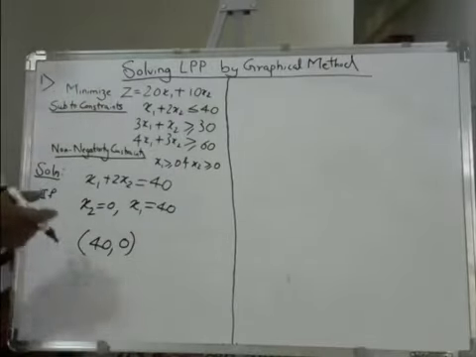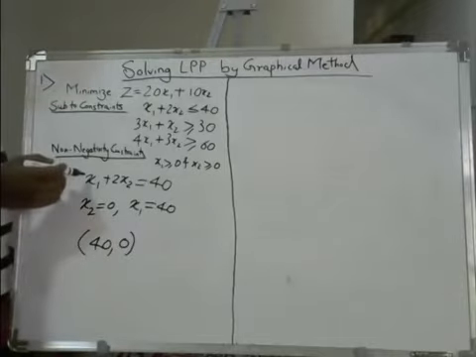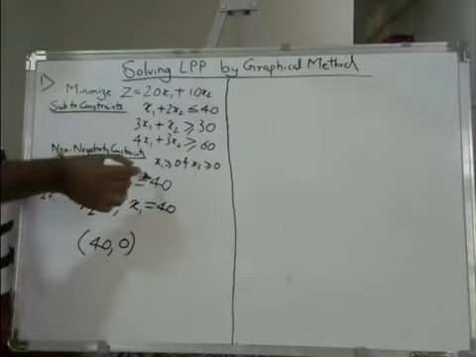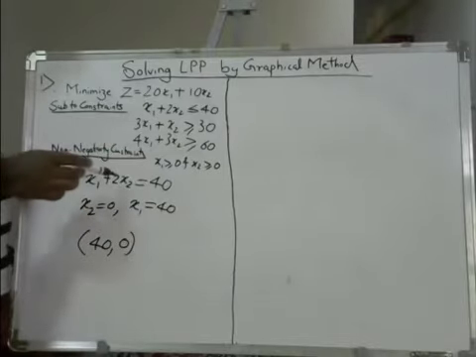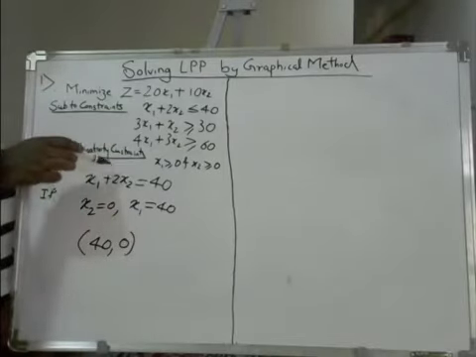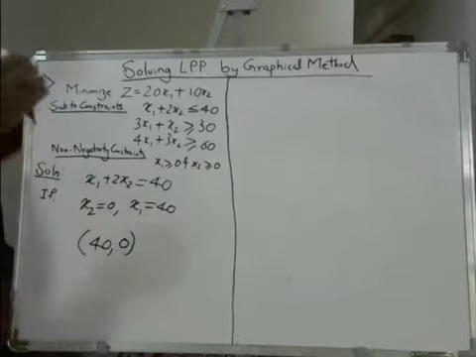So first we put x1 equal to 0 and we get x2. Secondly, we put x2 equal to 0 and we get the x1 coordinate.